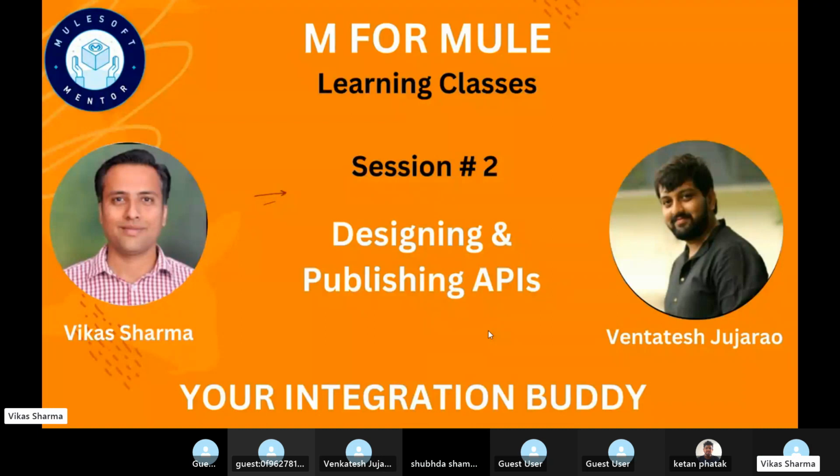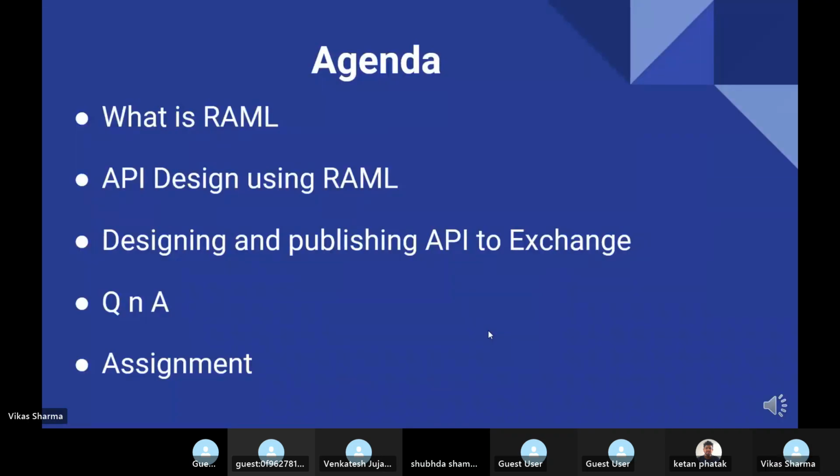So in this session, we will cover how to design and publish the APIs. This is the agenda for today's session. First, we'll understand what is RAML, and then we'll show you how we design an API specification using RAML, and then we'll show you a use case where we will design and publish the API to Anypoint Exchange.